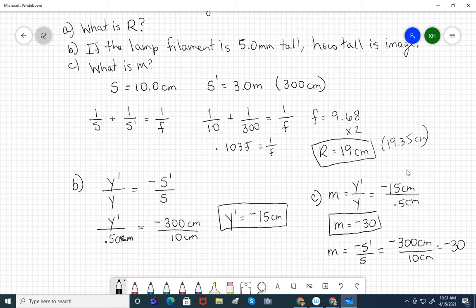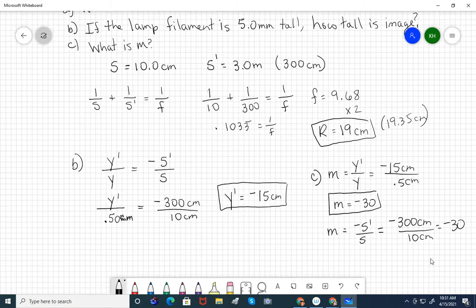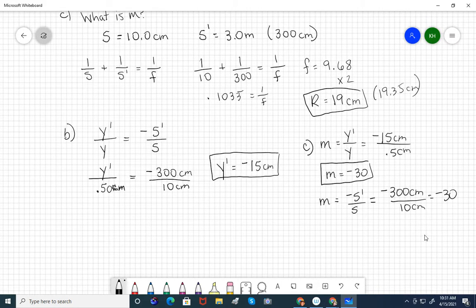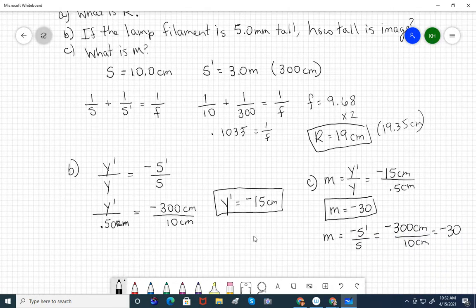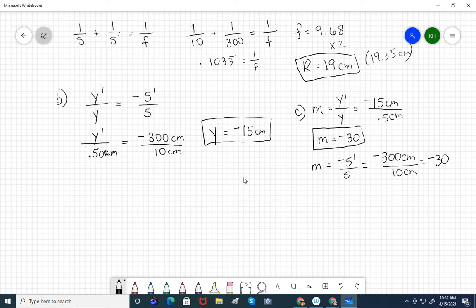So what does that tell us? Well, the fact that the magnification is negative tells us 2 things. First of all, the location of the image, which was given to us, is in front of the mirror. It's on the side of the outgoing light. So what we know here is that this image is real.